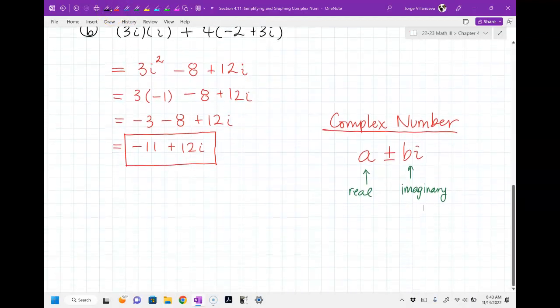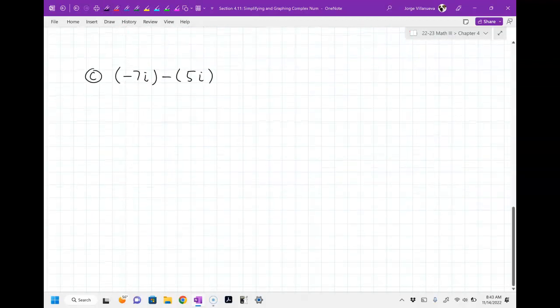Let me give you another one from your homework. Negative 7i minus 5i. So negative 7i minus 5i. Now, I'm not multiplying this, okay? I'm just subtracting. So what's negative 7i minus 5i?